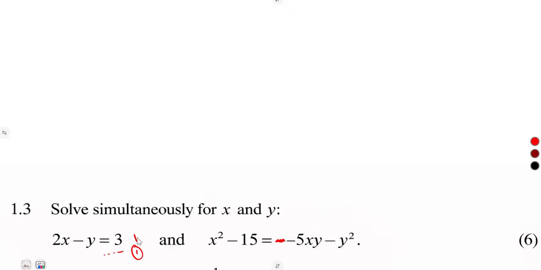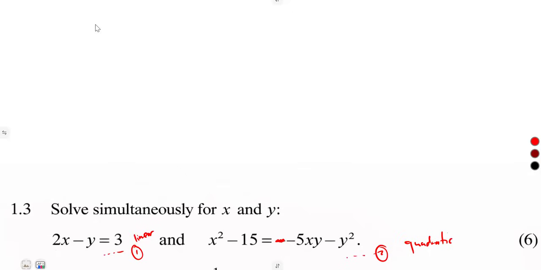Equation 1, which is a linear equation, and equation 2, which is a quadratic equation. Remember that I told you that when you've got this condition, what you can do is to play around with the substitution method. You use the substitution method, where you can make x or y the subject from the linear equation.